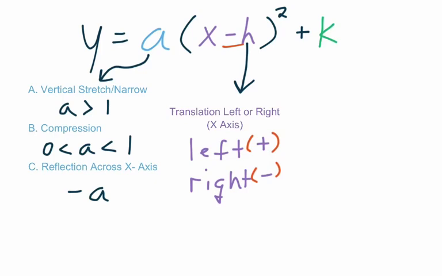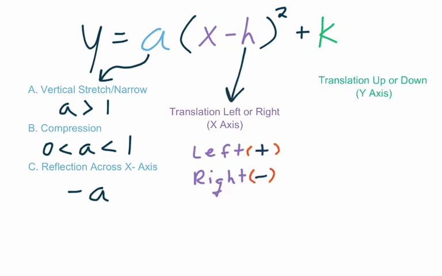All right, now let's look at the K value. The K is going to tell you if your parabola translates up or down, how it moves on the y-axis. And on this one, it's the opposite.